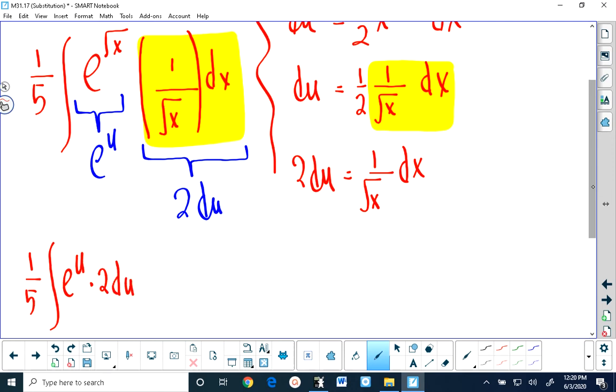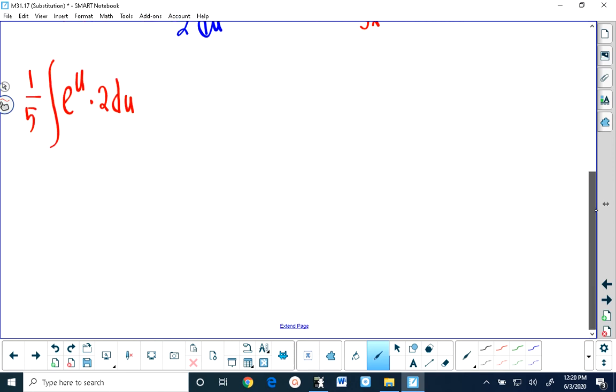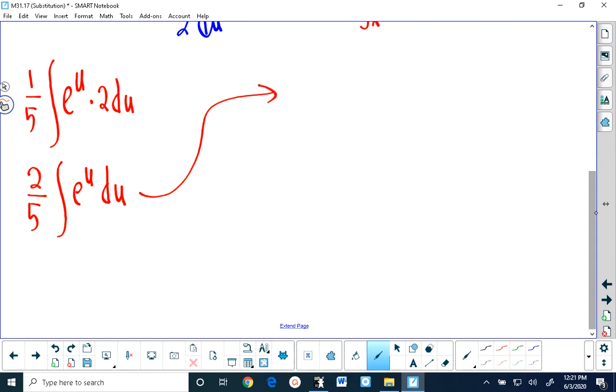Well, that's pretty easy, but to make it even easier, we can move that 2 out in front and have 2/5 multiplied by the integral of e to the u du. Well, that's really easy because the antiderivative of e to the u, if u is the variable, is e to the u. So this is equal to 2/5 e to the u plus a constant.